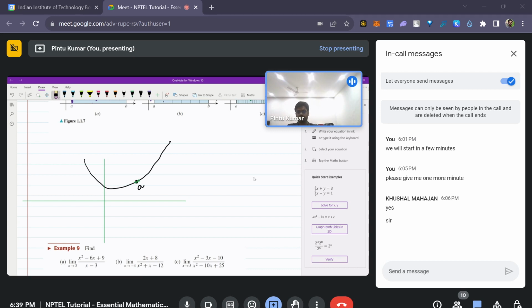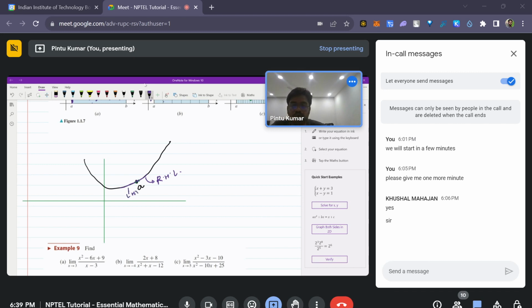Now for the limit to be defined, you can reach A from two sides. You can reach A from the right hand side and see how values are going and where you are limiting to, and you will get some value that is called the right hand limit. Similarly, if you now come from the left hand side, again you will get some limit for A. If you are just left of A, you will have some value that is called your left hand limit.